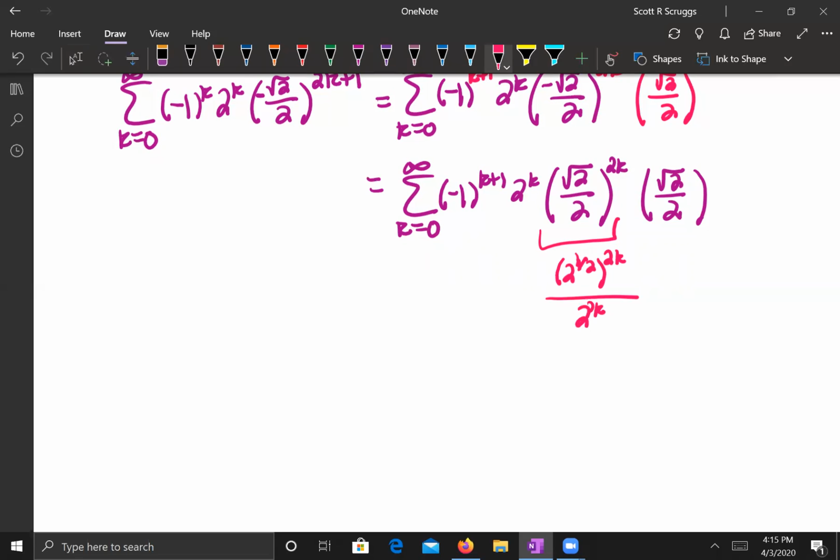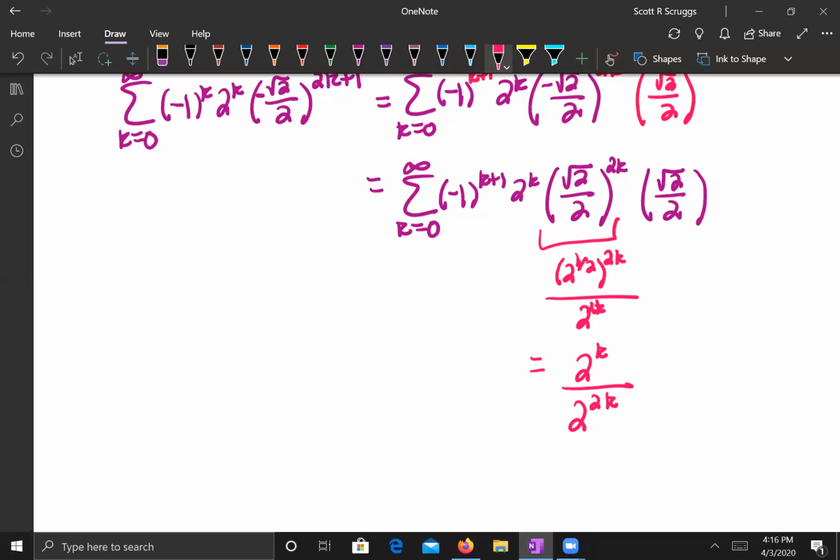Good Lord, I can't read today. Okay. All right, so because of that 1/2, it's going to cancel that 2 in the exponent. So I'm just left with 2 to the kth power over 2 times 2 to the kth power.